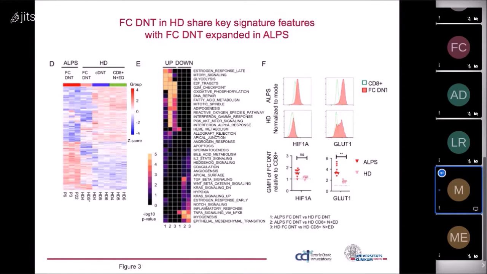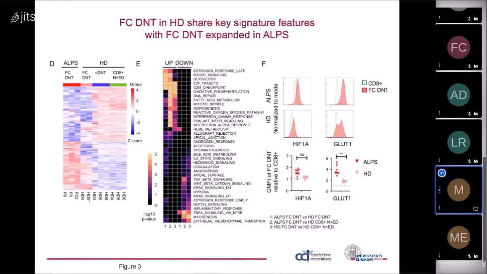We sorted again, and we sorted from healthy donors naive and early differentiated CD8 T cells to use as a reference population. So exactly the same population sorted also in the first transcriptional analysis you saw in figure 1. And then we sorted FC DNT and conventional DNT based on the expression of CD38 and CD45RA.